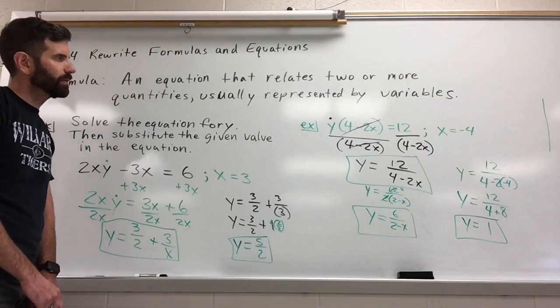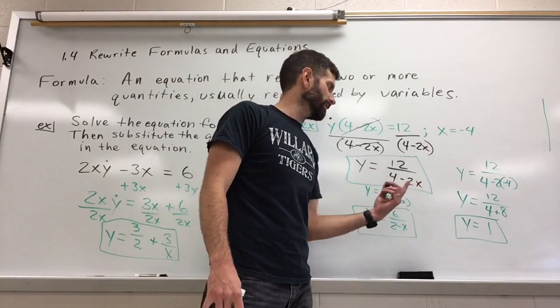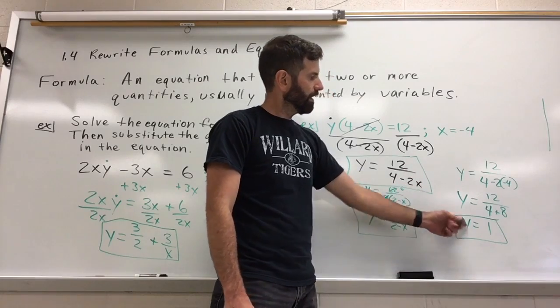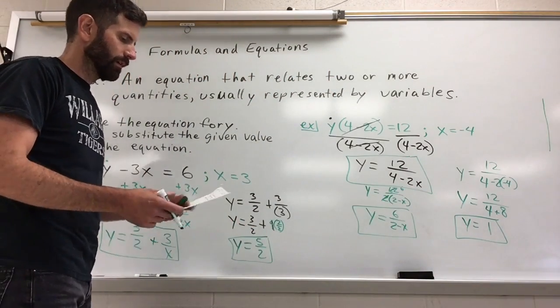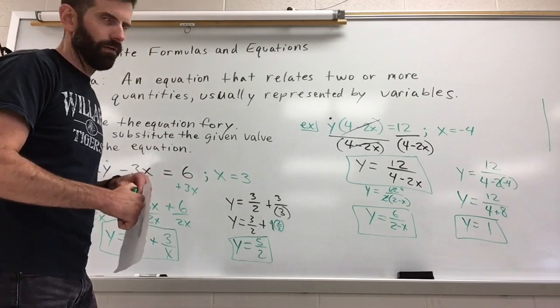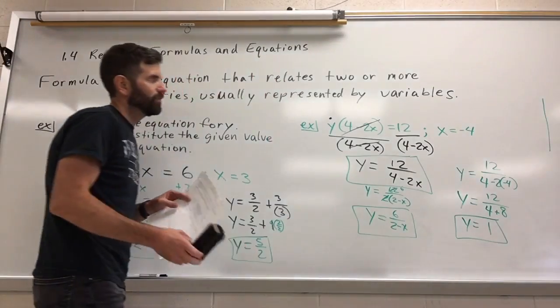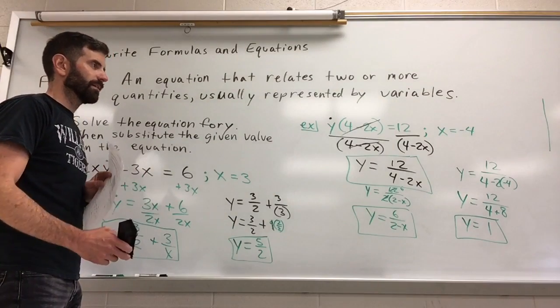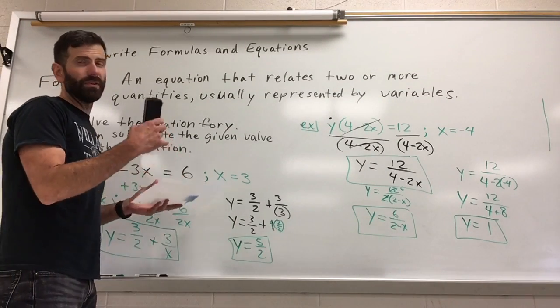And there we go. So we solved for y, and then we substituted in the given value, and we got y is equal to 1. Okay, so let's move on to a couple of formula examples and see how you feel about it. It's the same sort of thing.